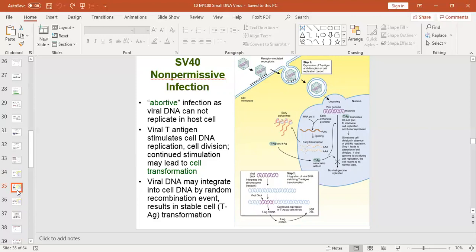What happens is viral large T antigen stimulates host cell DNA replication, resulting in host cell division, and continued stimulation and division of the host cell may lead to host cell transformation, or tumor or cancer production.